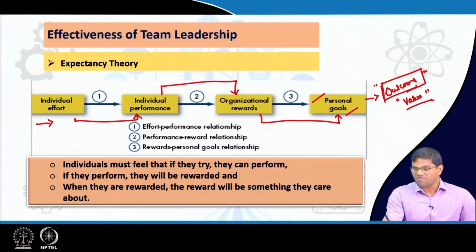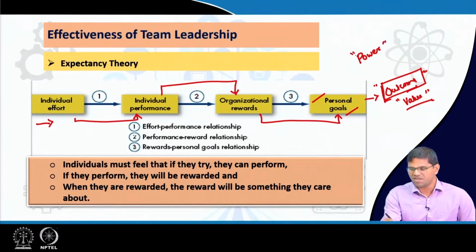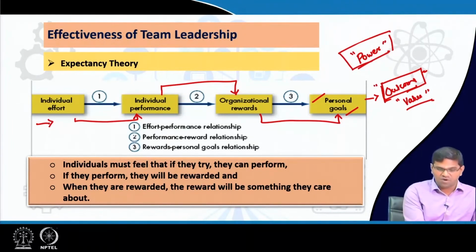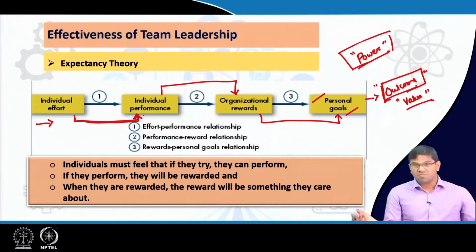I value this particular one because I want power. Let's say this is my expectation. To get power in my organization, I should put in some effort, which means greater performance, or gaining a new skill or knowledge in the workplace.